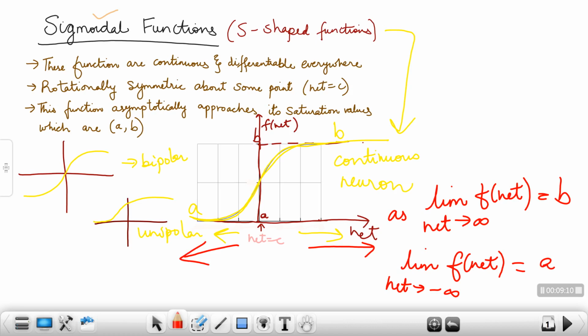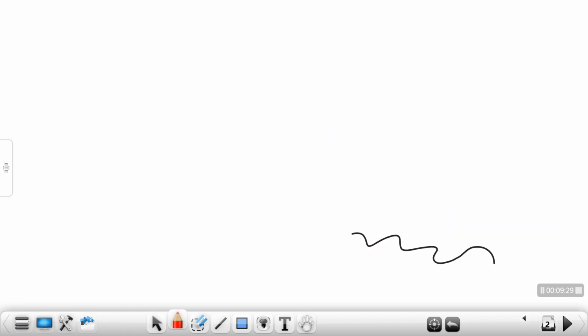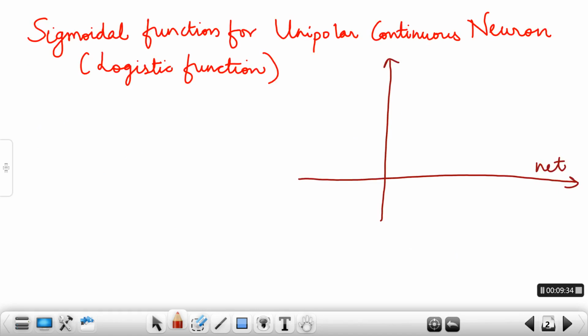Now we will go into the details of another function, the sigmoidal function for unipolar continuous neurons, and then we shall look at the bipolar continuous sigmoidal function. Is that clear? This function is also called the logistic function.